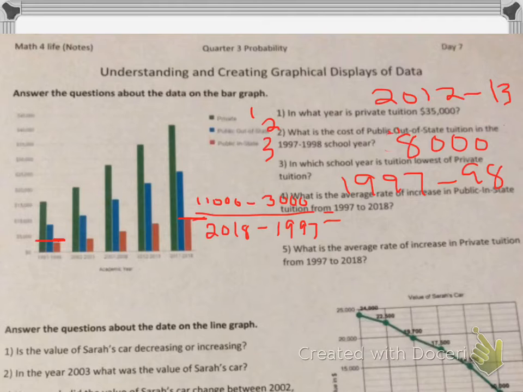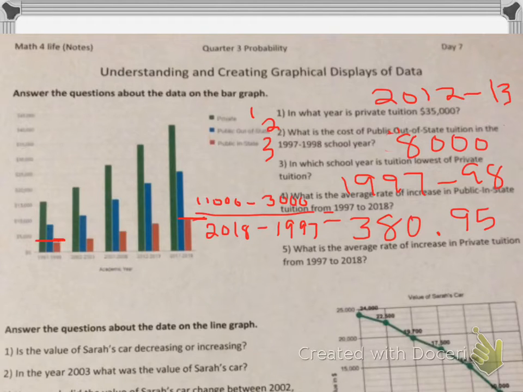I have 11,000 minus 3,000, and on the bottom it's 2018 minus 1997. When I do that, I get 8,000 over 21, and if I change that to dollars, we're looking at $380.95.